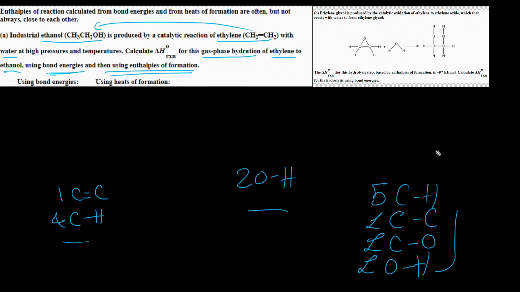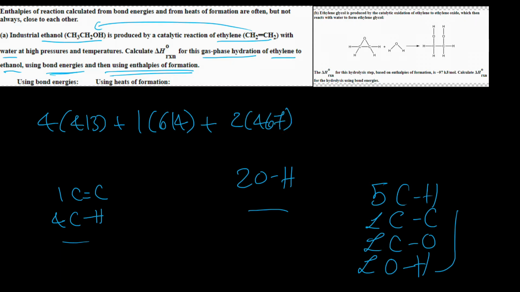So to start off, we got 4 times the CHs, which is 413, based on table 9.2 in your textbook, plus 1 times CC double bond, which is 614, plus 2 OHs, which is 467. And then you add that to 5 CHs, and CH is negative 413.